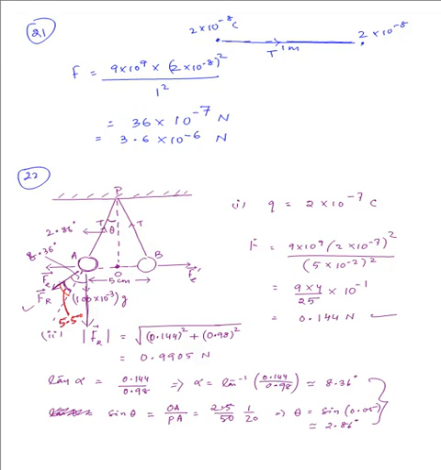So if we are to consider the component of the resultant along the string and perpendicular to the string, along the string will be FR cosine of 5.5 degrees, and FR sine of 5.5 will be perpendicular to the string.